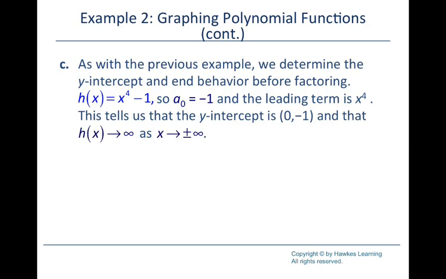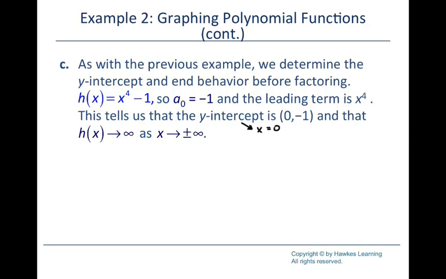So now we're going to go to y equals x to the 4th minus 1. Our leading coefficient is 1. Our last coefficient is -1. If I want to find the y-intercept, I put a 0 in for the x. For your y-intercept, x is always equal to 0.